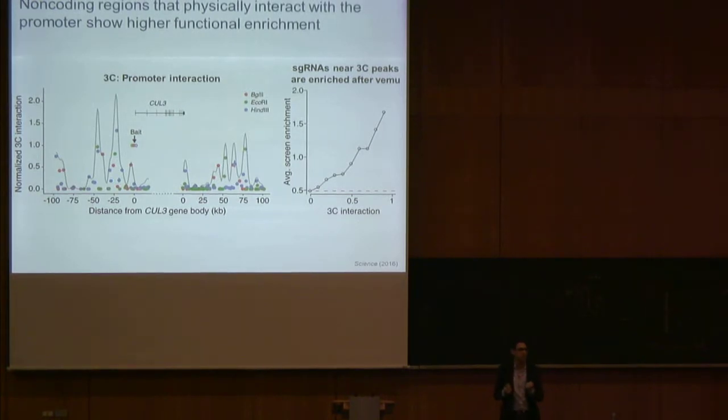What this tells us is that the functional elements in 3D space tend to be quite close to the promoter of the gene that they're controlling, even if along the two-dimensional chromosome they're quite far away.